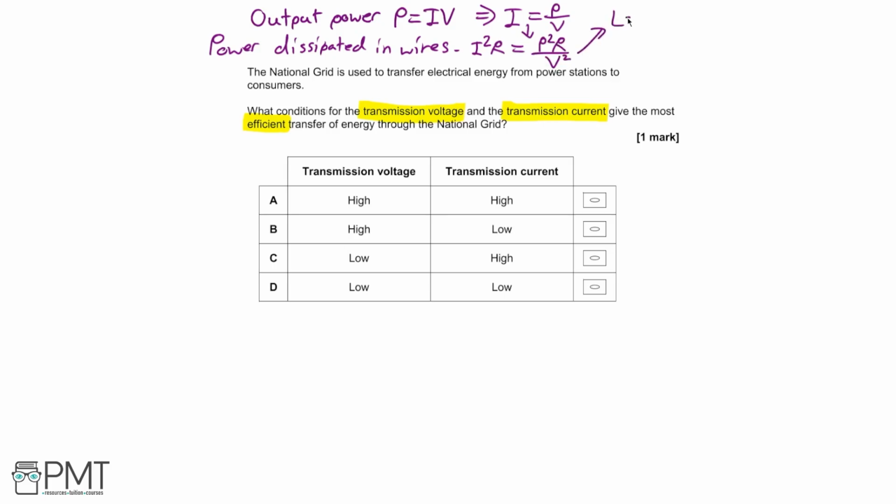Therefore, we see that larger voltages give smaller power loss in the wires. This is because if V is a very big number, then the value of P squared, which is a constant, times R, which is a constant, divided by V squared, gets smaller.